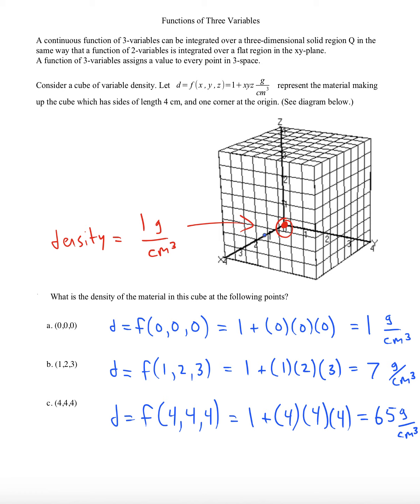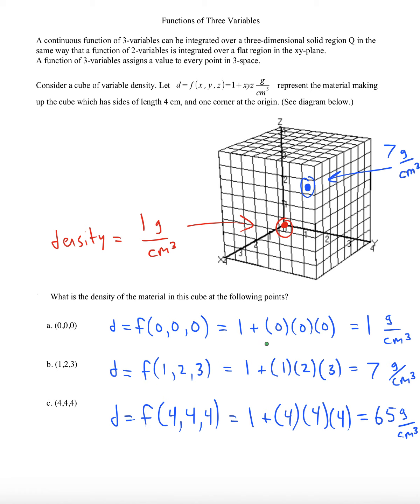Let's see, 1 in the x, 2 in the y, and then we'll go up to about 3. And that was a little hard to see exactly where it's located. But it was 7 grams per cubic centimeter there, so it's more dense.